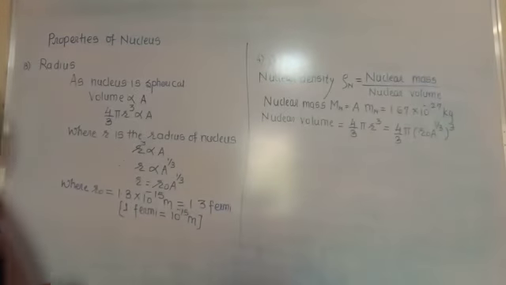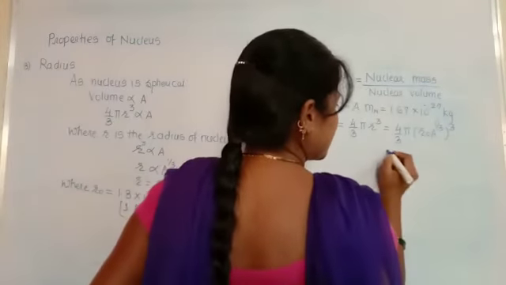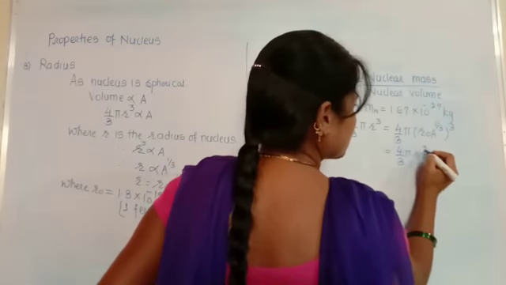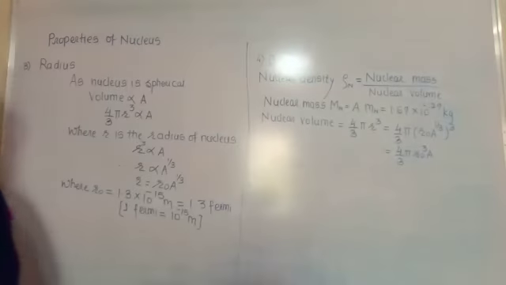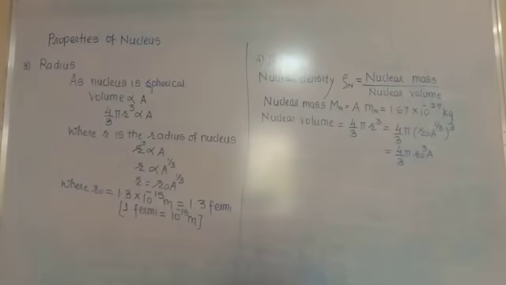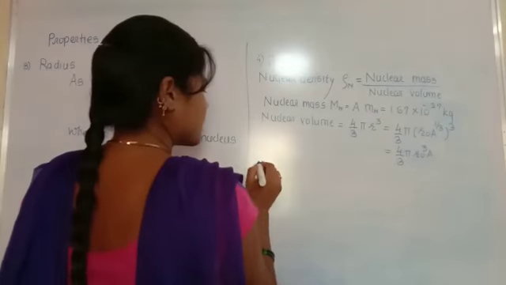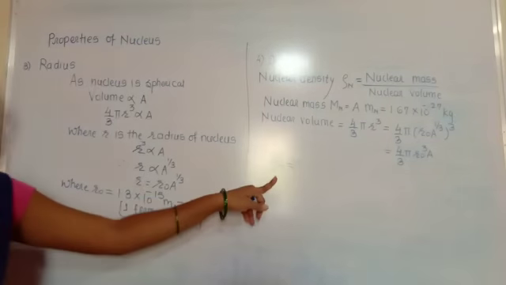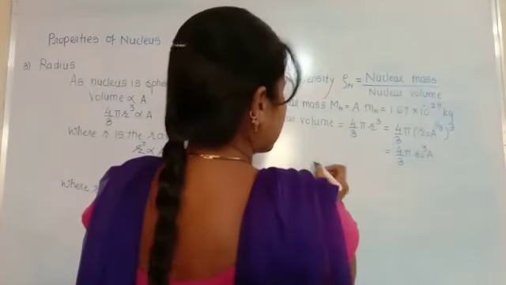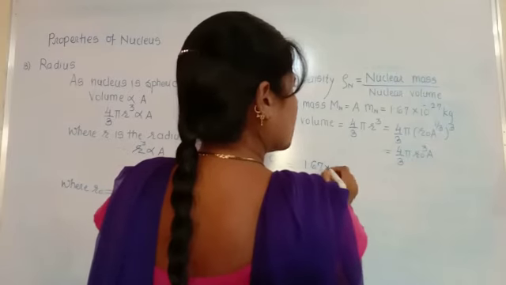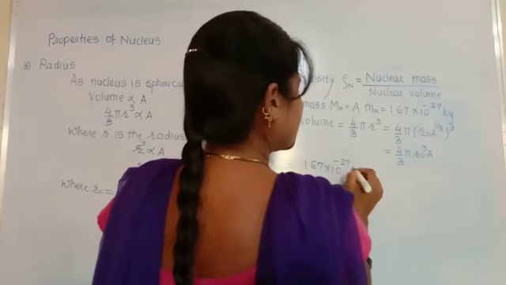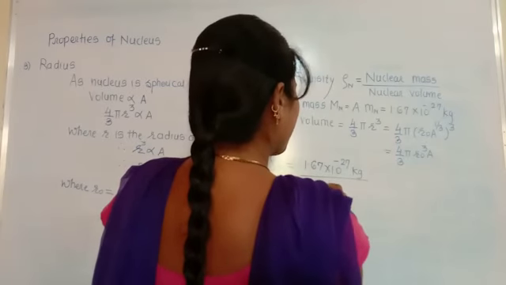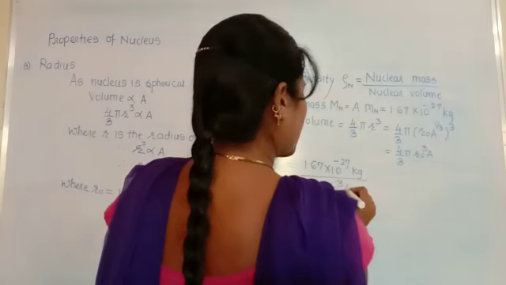If we calculate this, the 1/3 and 3 cancel with each other, we get 4/3 pi r0 cube A. Therefore, nuclear density rho n is equal to, if we put this value, nuclear mass, 1.67 into 10 to the power minus 27 kg, divided by 4/3 pi r0 cube A.